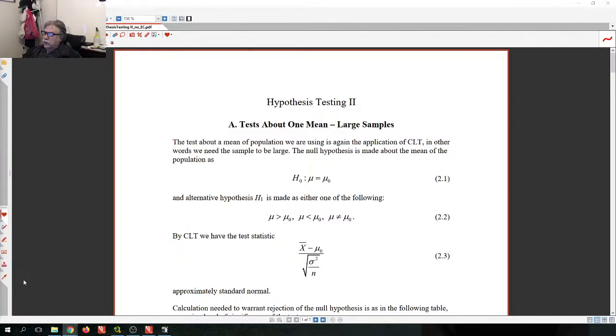One of the options is going to be the z-test, if we can use the central limit theorem, and the other option will be a t-test. That's the same story as we have for estimation. Meaning, if you have a normal population and unknown population standard deviation, you will be doing a t-test.